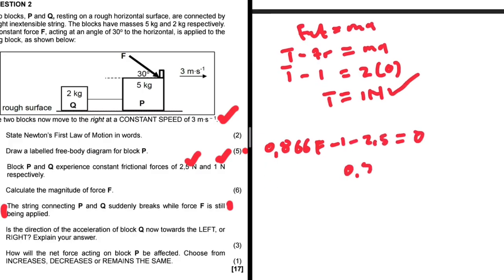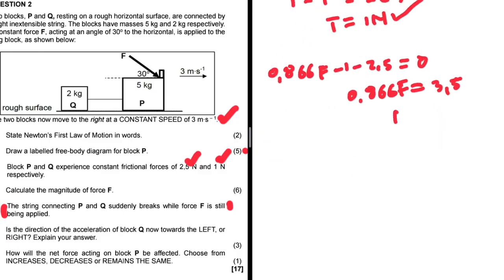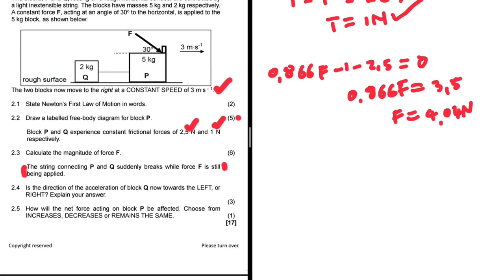So 0.866 F equals 3.5. So what is 3.5 divided by the coefficient of the force? F equals 4.04 newtons. So there we go, we have the magnitude of force F.